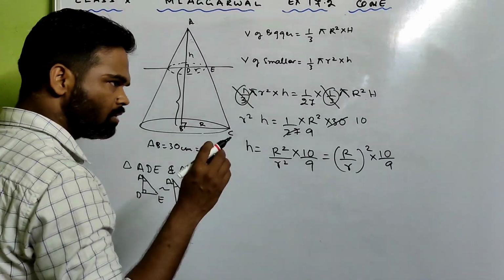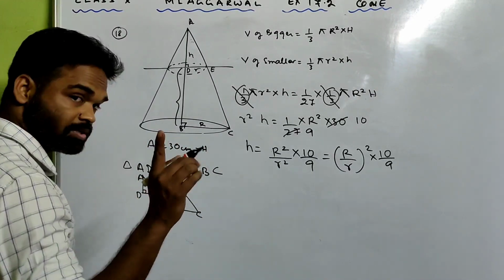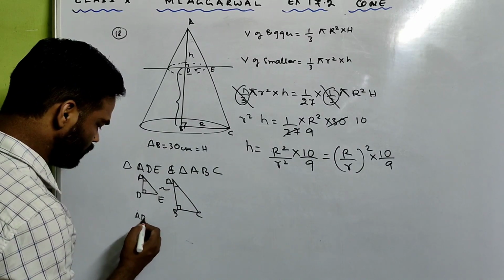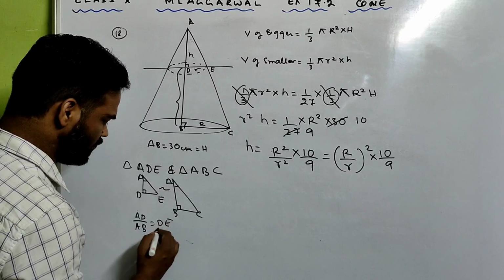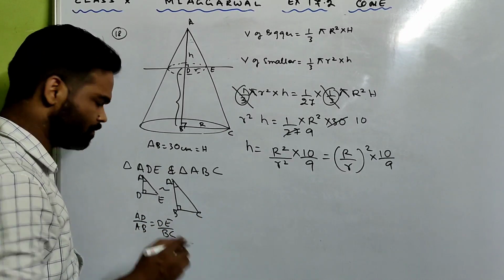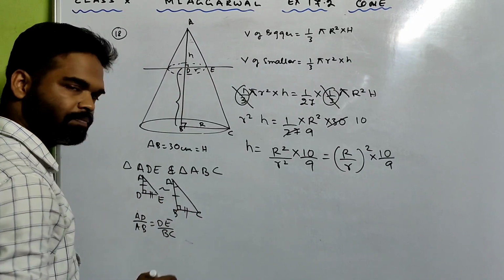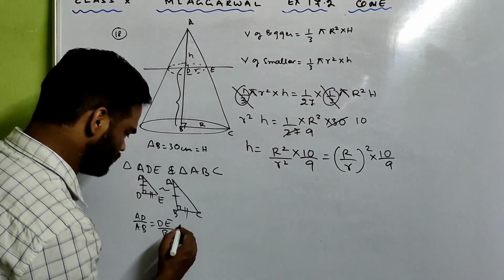If these two are similar, the corresponding sides are proportional, which means can I write similarity? We have done the angle property. AD by AB is equal to DE by BC. If they are similar, the corresponding sides are proportional to each other. AD by AB, DE by BC will be equal to AE by AC, but I don't require that, so I'm not writing this.